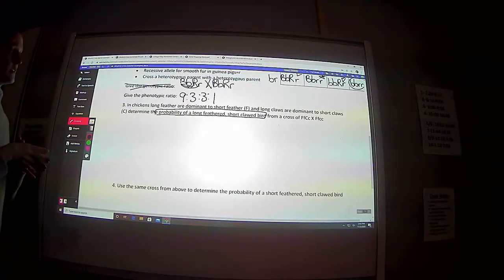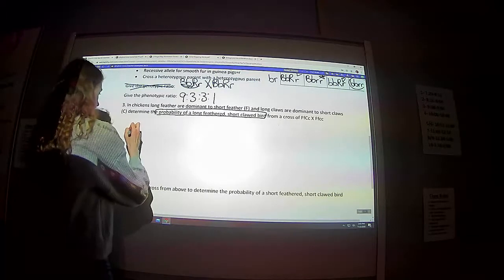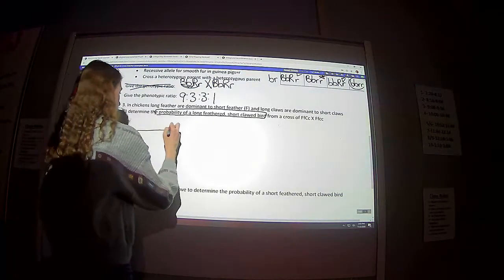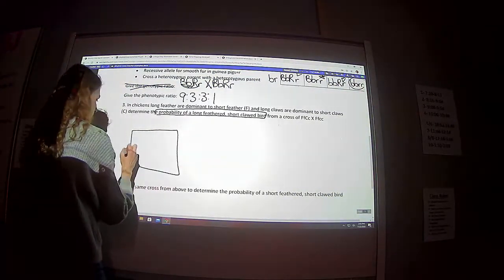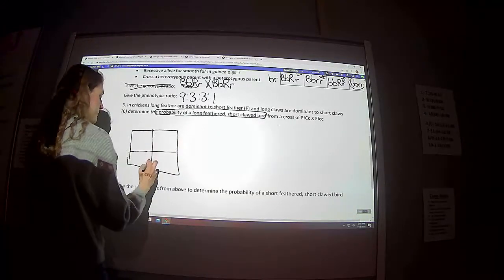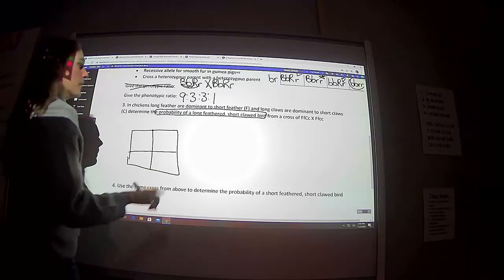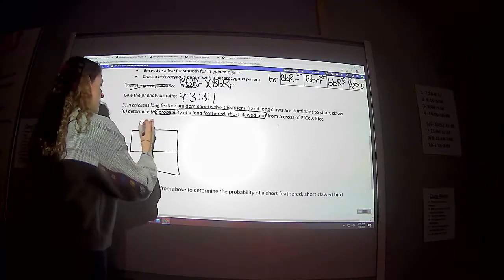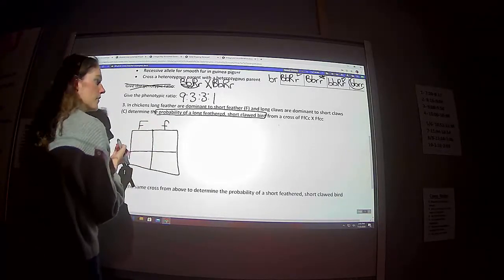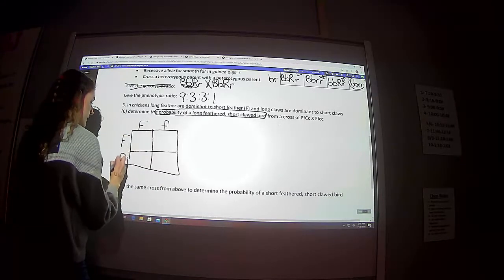You can cut those crosses in half. What I mean by that is you're just going to do 2 monohybrid crosses. Everybody likes monohybrid crosses because they are nice and simple. So I'm going to put my F's together, I'm going to put my C's together. So I have from one parent a capital F and a lowercase f. From the other parent I have a capital F and a lowercase f.